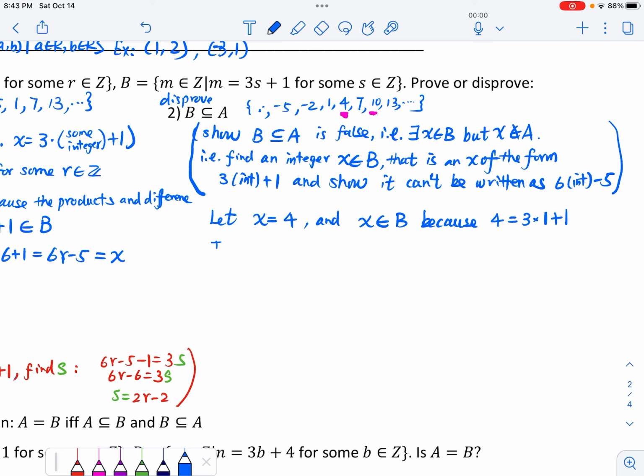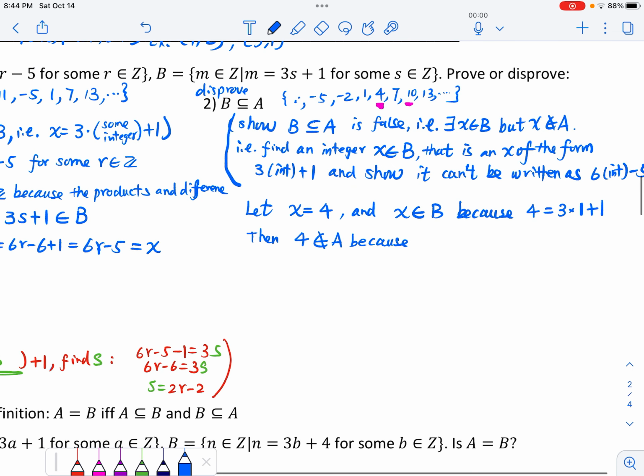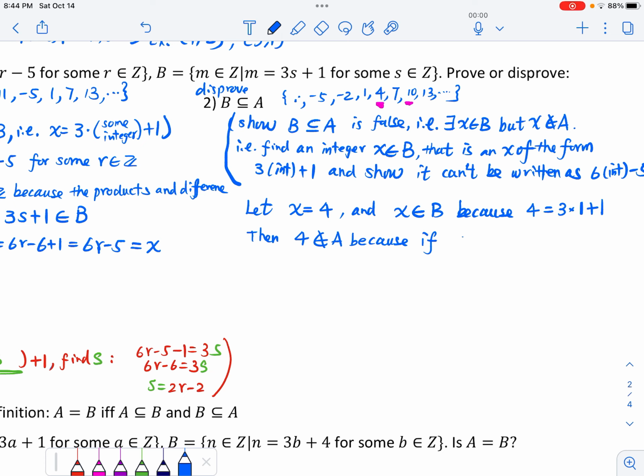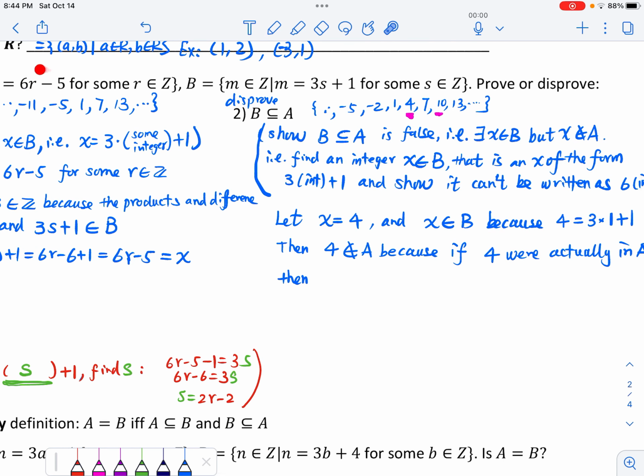Now I want to show 4 is not in A because of the following. If 4 were actually in A, I'm trying to derive a contradiction. So if 4 were in A, then 4 must be able to be written in this form, okay?